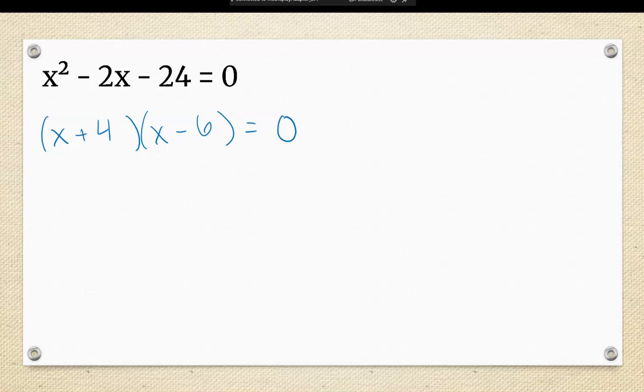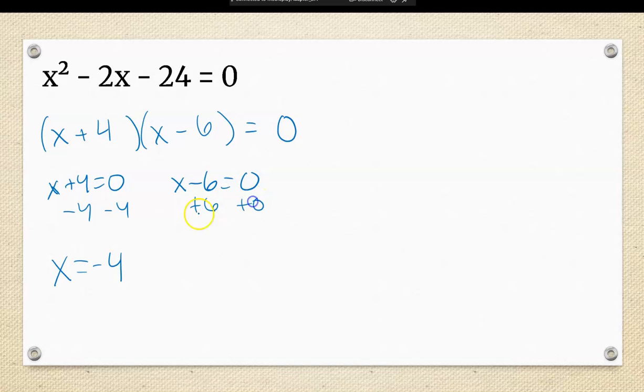Step 3 is now to take each one of these and make them equal to 0 and solve for x. Over here, we're going to subtract the 4. We have x equals negative 4. Over here, we're going to add that 6 over. We have x equals 6.